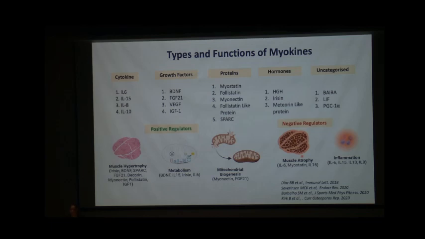Whereas IL-15 and IL-6 are also involved in mitochondrial metabolism and mitochondrial biogenesis, as are myonectin and FGF21.